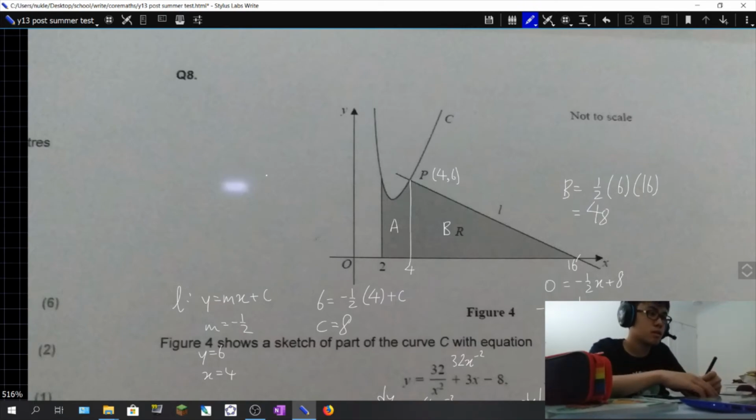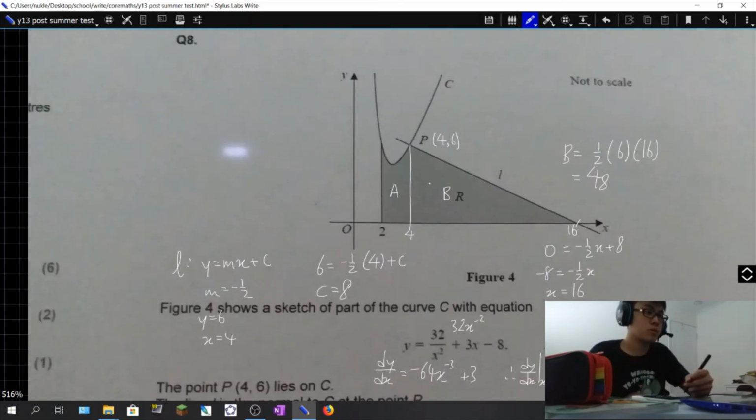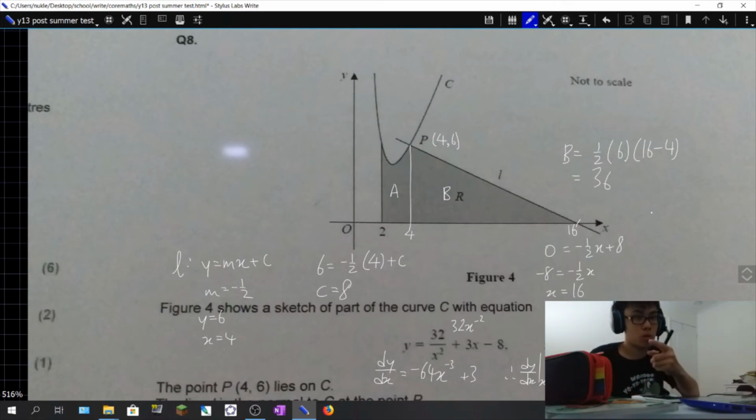Nice. Did I get that right? Oh, no, that's wrong. That's actually 16 minus 4, because you want the distance and not just the value. 16 minus 4, which is 12. So 3 times 12 is 36. Almost messed that up again.